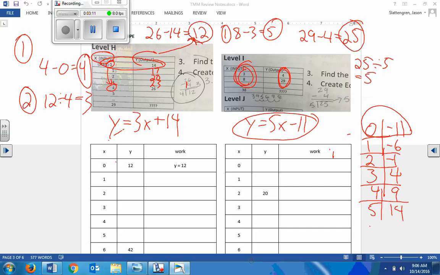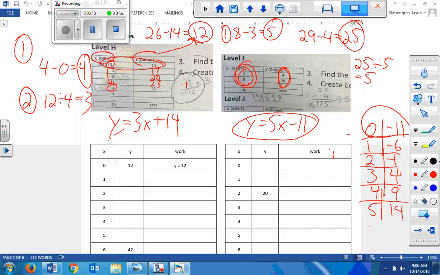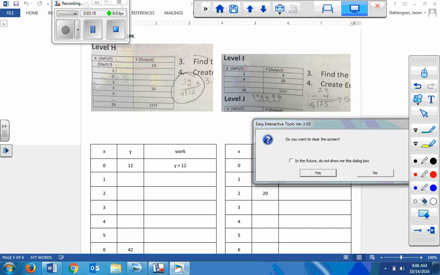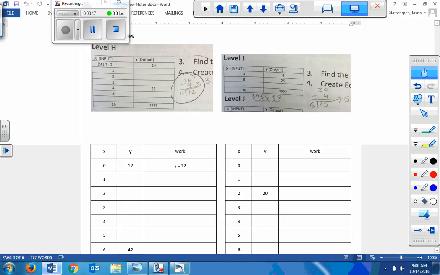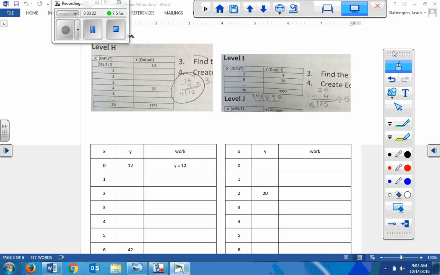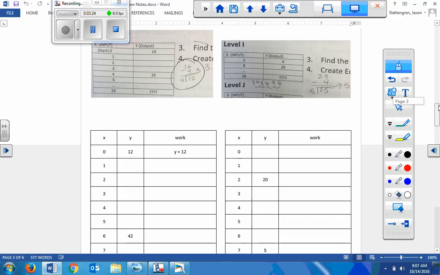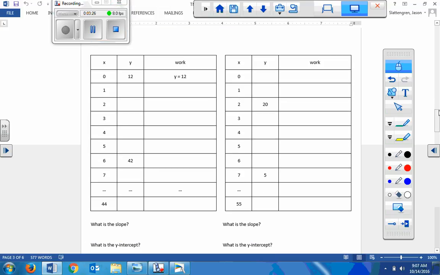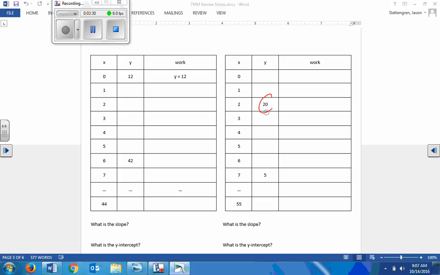Okay, let's hit another one of these examples in our packet. Let's go right down to the next one. We changed from 20 to 5, so we subtract: 20 minus 5 is 15.